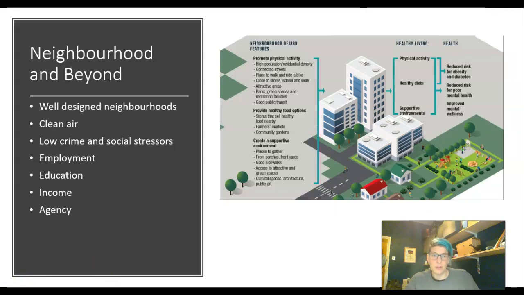So a lot of the issues that I've been talking about so far relate to the interior spaces, either the condition or the size, the behaviours that take place within there, and how they intersect in terms of health implications. But obviously, the connection between health and housing doesn't just end at the front door. So when we talk about health and housing, we are also including neighbourhood factors.